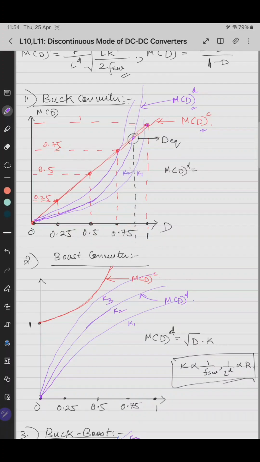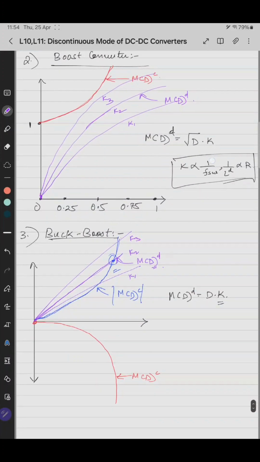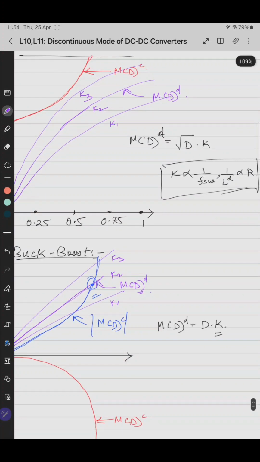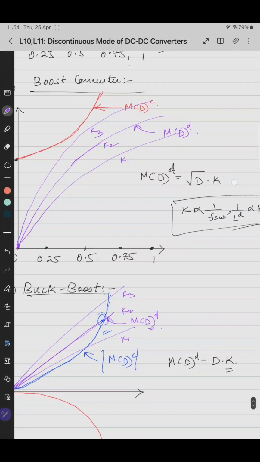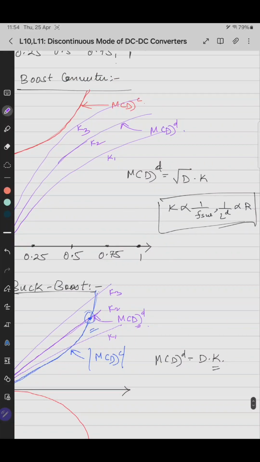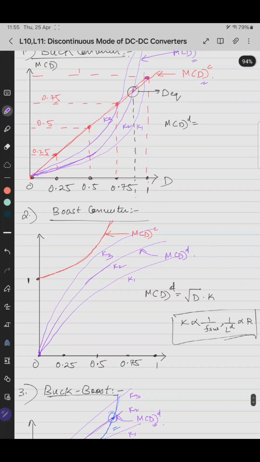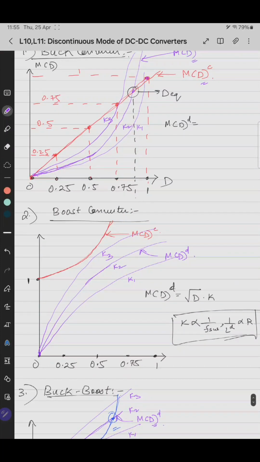If the switching frequency increases, K decreases, so this falls down. If the switching frequency and L increase, the waveform moves down. And if R increases, the waveform moves up. R increasing means the load decreases, then it moves up. So this is how we have done the analysis. We'll stop here. Thank you.